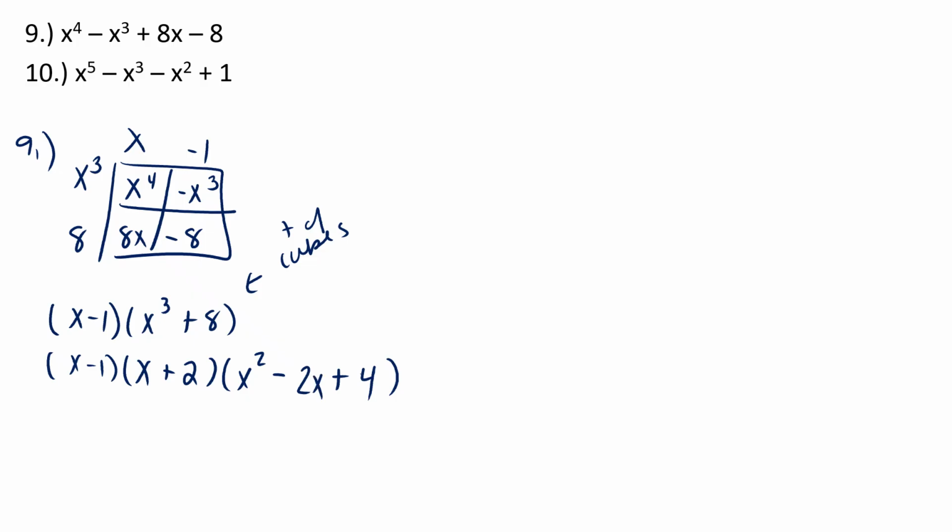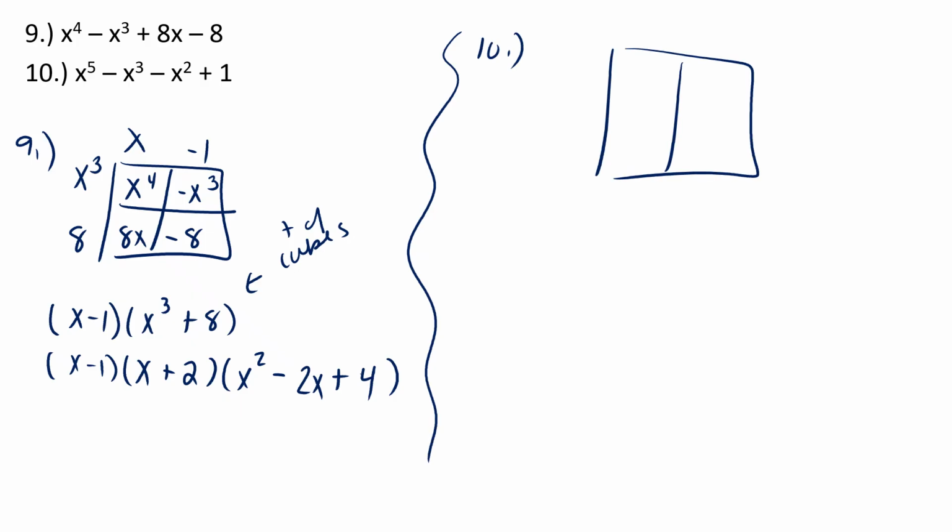So that one dumped out with a sum of cubes in it. Yay. And I think this one is even more fun. I think this one has everything dump out in it. So let's take a look. This is x to the 5th. We've got -x to the third, -x squared, and a +1.